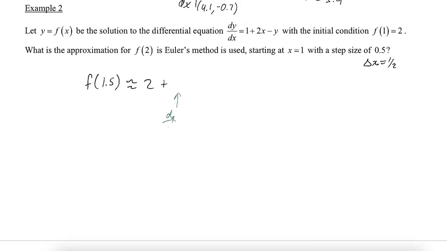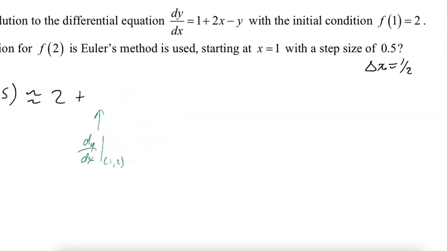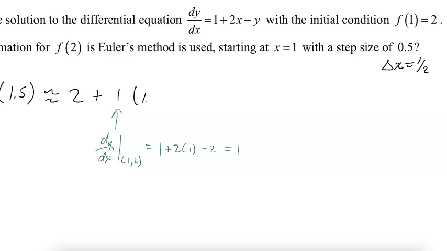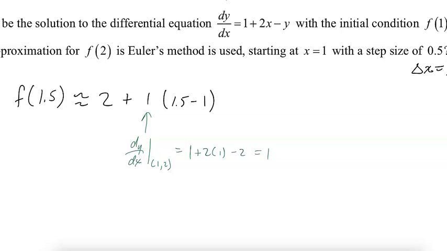So dy dx at the point 1, 2, and I'm going to plug that into 1 plus 2 times 1 minus y, which is 2. So that will be 1. So my slope here is 1, and then times x, which my x value now is 1.5, minus my previous x, which is 1, so that is just the step size.